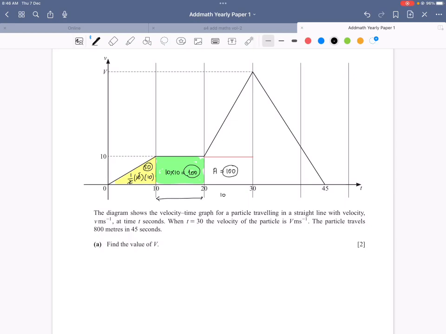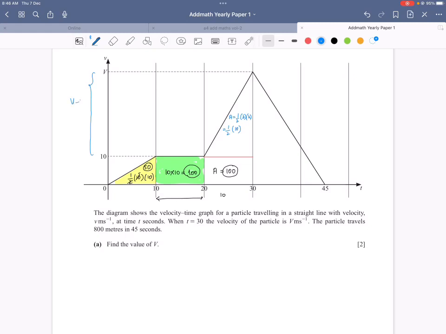Alright. After that, we got a triangle here, this one. For this triangle, we have the formula, area equals 1 over 2 base into height, right? The base part is 10 as mentioned on the x-axis, and height is the difference of these two.